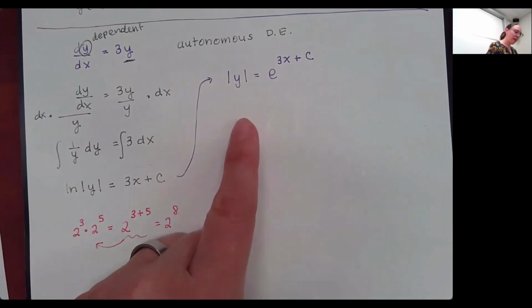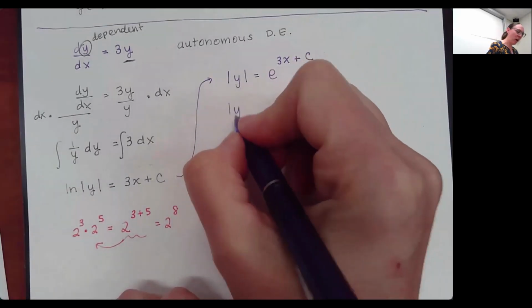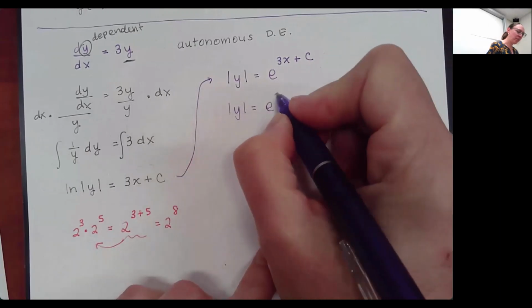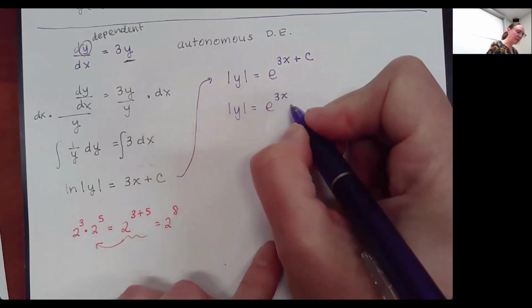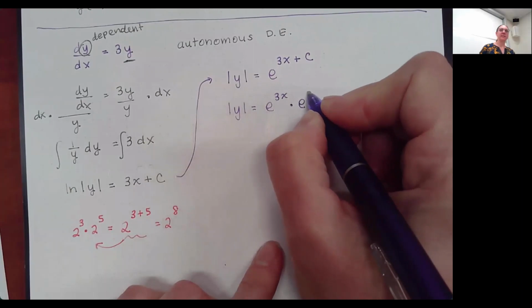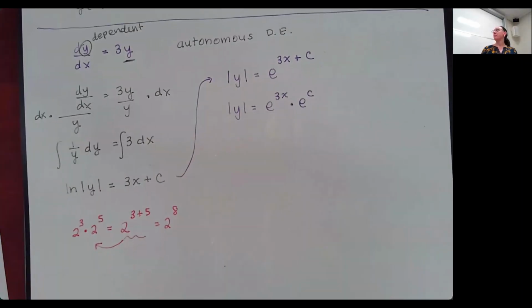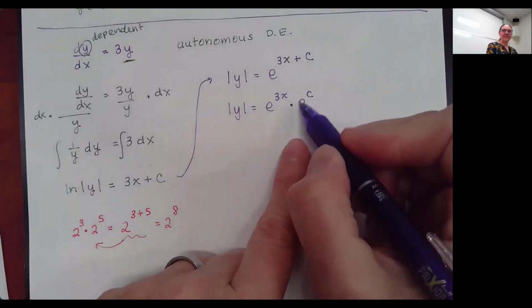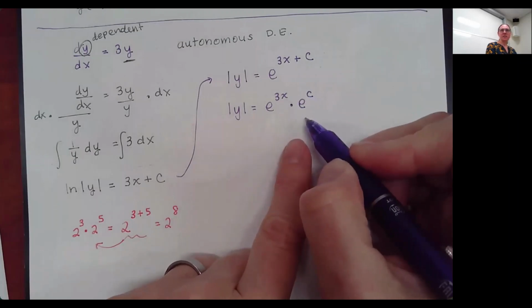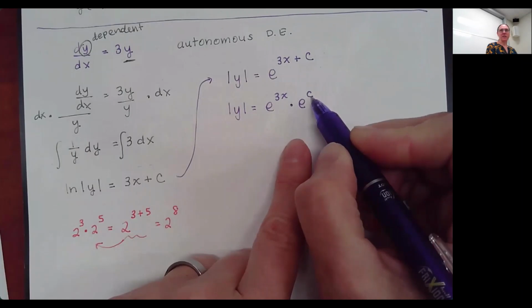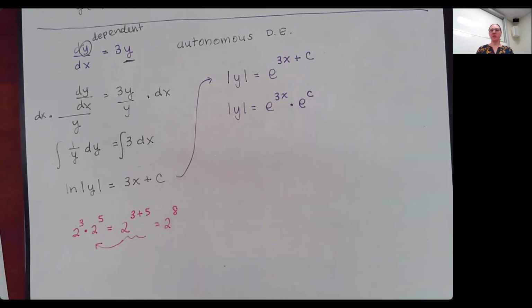So up here, I'm going to have the absolute value of y is equal to e to the 3x times e to a constant. The next step is the step that's going to allow me to get rid of that absolute value. Well, e to the constant is just a constant, right? If I knew what that value was in the exponent, I could put that into a calculator.